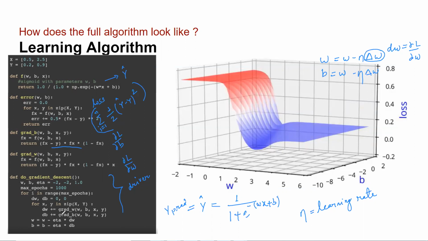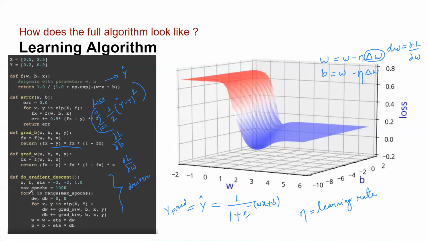So does that mean after 1,000 times only the final value of dw is getting used in the formula w equal to w minus eta into dw? No. See, dw is getting updated 1,000 times. You see, this update is indented inside your for loop.